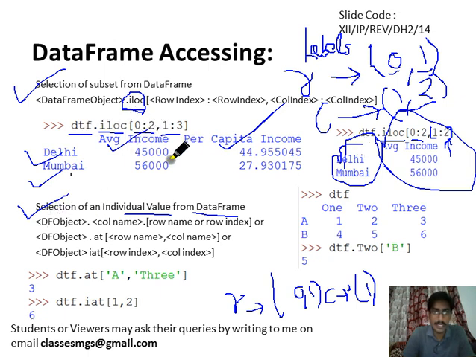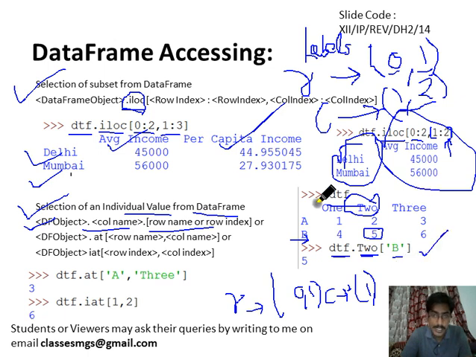But if you want to select a single value from the data frame, let's suppose this is the data frame, and you want to select this particular value 5, then what will be the syntax? df dot column name, which is 2, and the row in which it is situated, which is B. So in this syntax, the data frame object name is df, then the column name is the second column, and then the row name is B. This is how we can access the individual value.